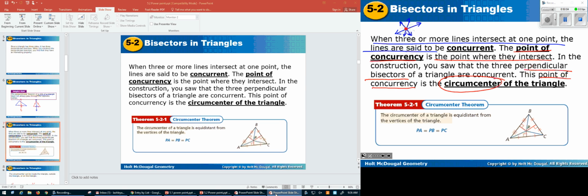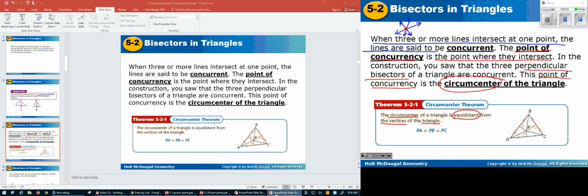Okay, so now we're getting ready to learn our 3rd theorem for today, called the circumcenter theorem. So if you have a triangle, you've drawn in the perpendicular bisectors, you found the point of concurrency called the circumcenter. The circumcenter theorem says that the point of concurrency, the circumcenter, will be equidistant from the vertices of the triangle.